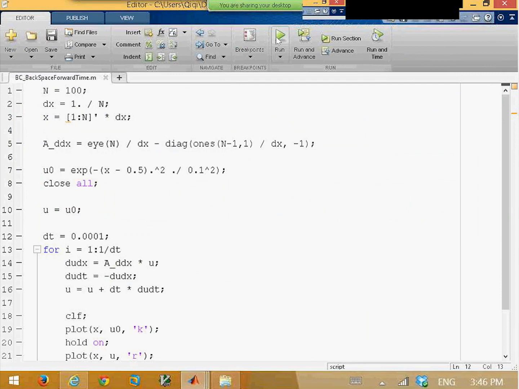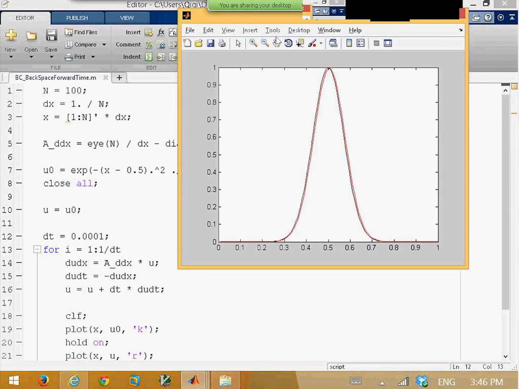Now let's run it to see what we have. Okay, we still see this thing going over here. What happens on my left? Oh, okay. Did I forget something? I forgot the boundary condition. So I forgot to add the vector b when I apply this derivative.